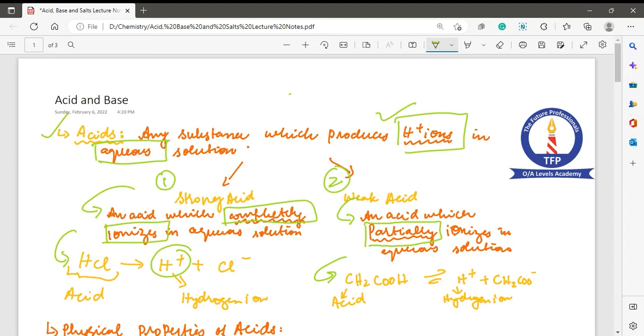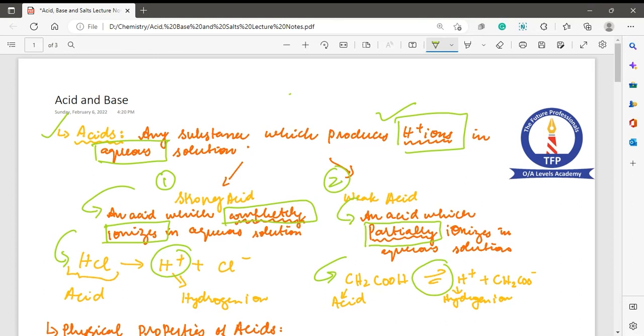How can we identify that this reaction is a partial ionization and not a complete one? With this sign: when you have double arrows representing the forward and the backward reaction, such reactions are partial reactions. This organic acid partially ionizes in the aqueous medium and produces H positive ion and a negative ion. The presence of this H positive ion in the aqueous medium represents the acidity.